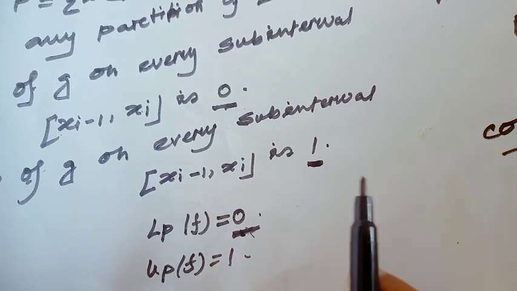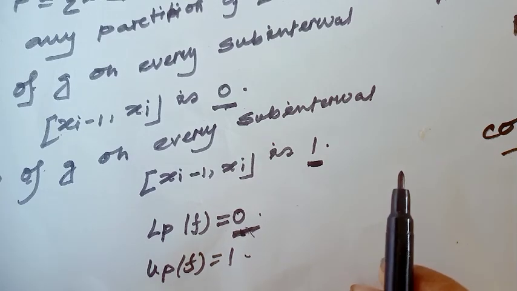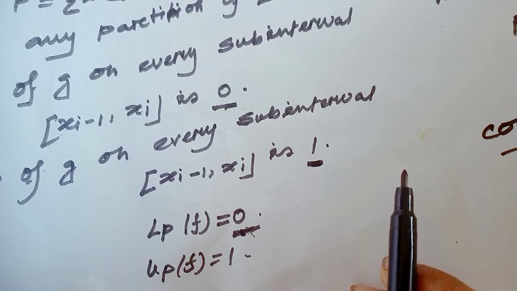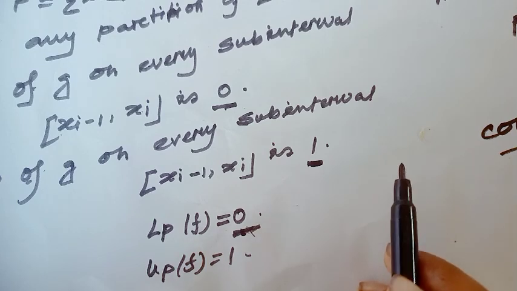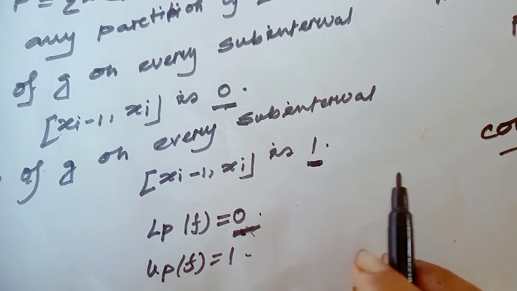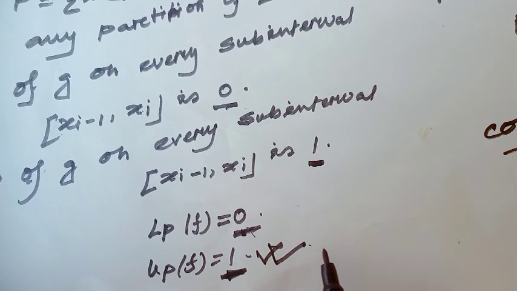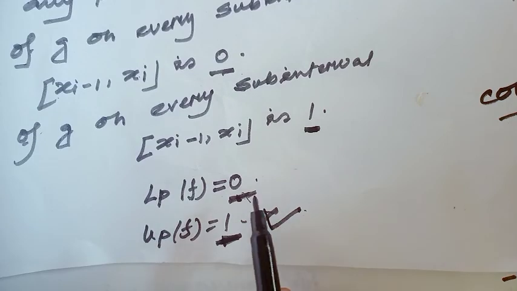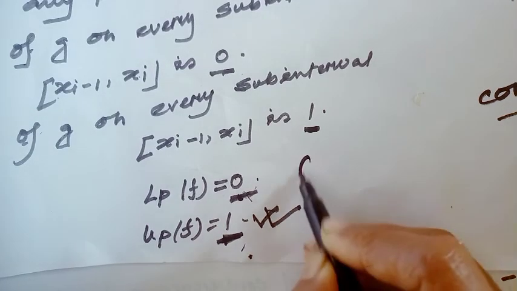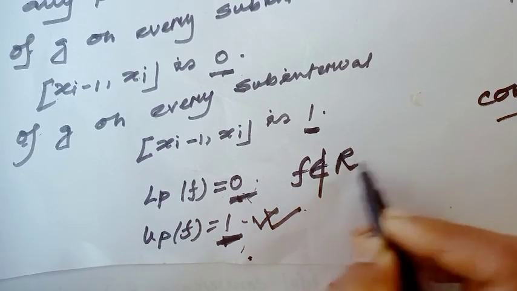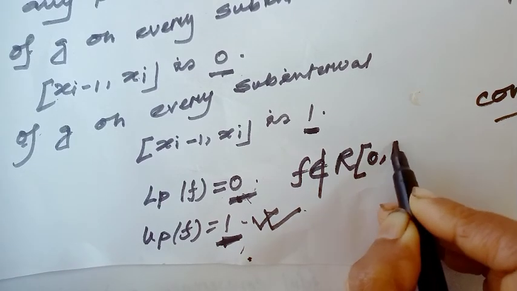And since all the upper rectangles will be of height 1, the value of U(P,g) will be 1, and similarly this is also true for all partitions. And since L(P,g) is not equal to U(P,g), this function is not Riemann integrable on the interval [0, 1].